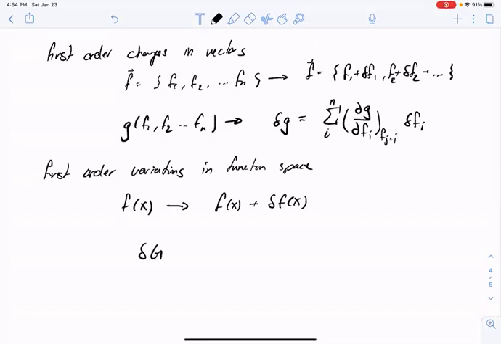The first order change of the functional g, delta g, plays the role of the sum that I would get in vector calculus. When I take the infinite component limit, the sum becomes an integral. So now I need to integrate over all indices, infinite indices, denoted x, how each one of those changes g, weighted by those corresponding changes.